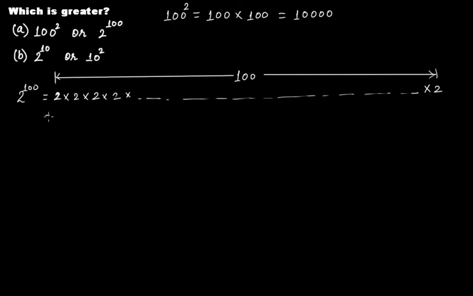Now, if we group the 2's, counting 1, 2, 3, 4, 5, 6, 7, 8, 9 and 10, we take 10 2's and multiply them together and make one group. Clearly, if we have 100 2's and we group the multiplication of 10 2's together, we will have such groups.